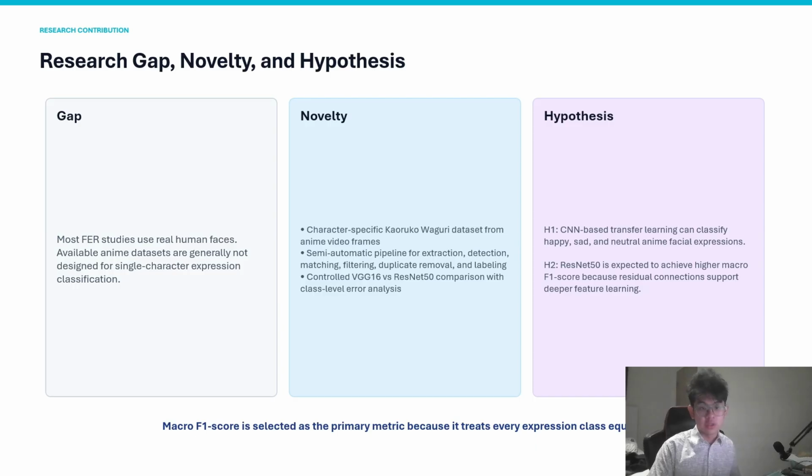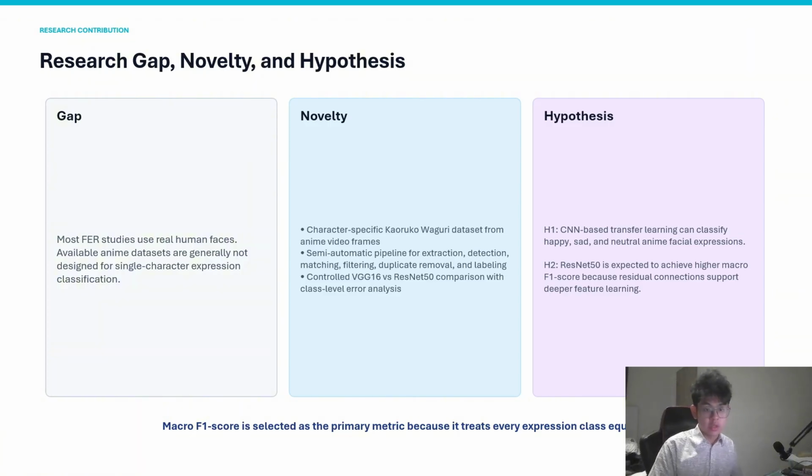The novelty of this research has several points. First, the research constructs a character-specific facial expression dataset of Karo Kawaguri from anime video frames. And second, the dataset construction uses a semi-automatic pipeline. This includes frame extraction, anime face detection, character matching, cropping, resizing, quality filtering, duplicate removal, and also manual expression labeling.